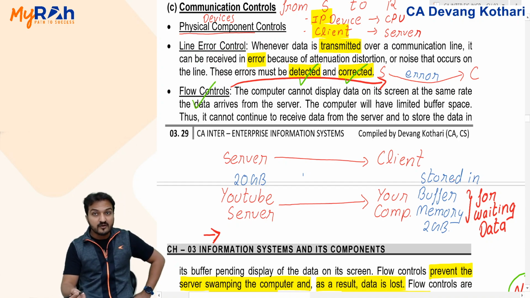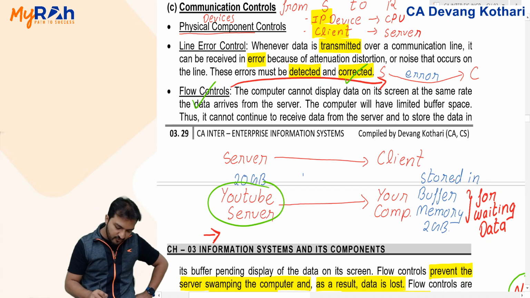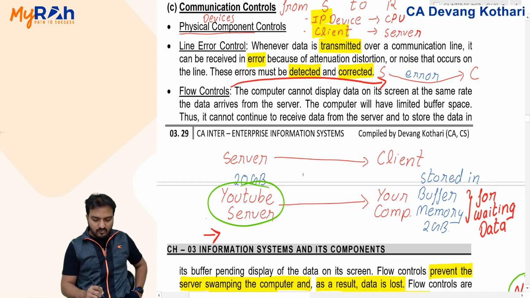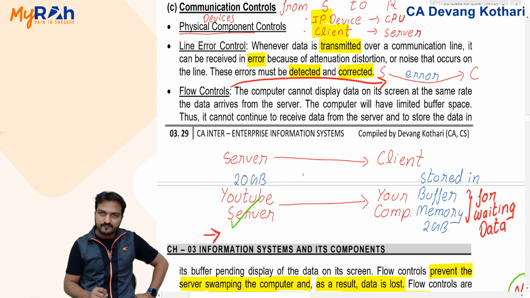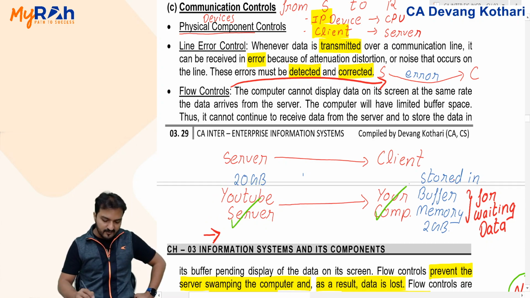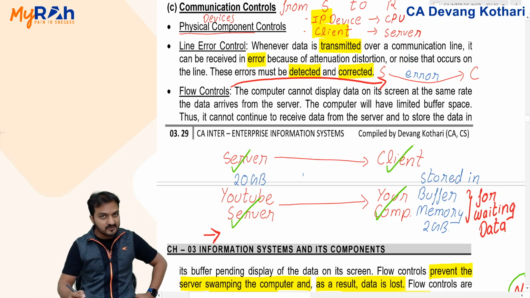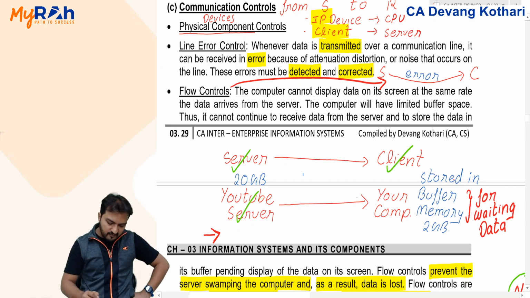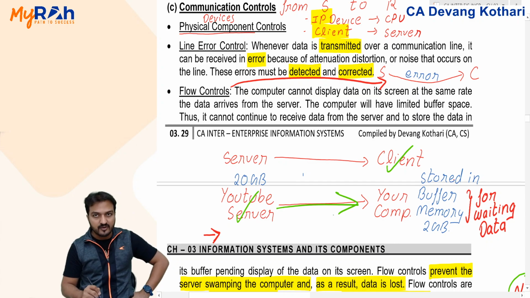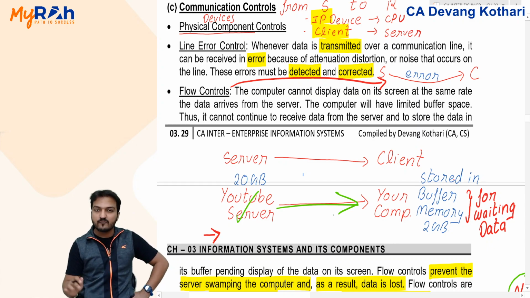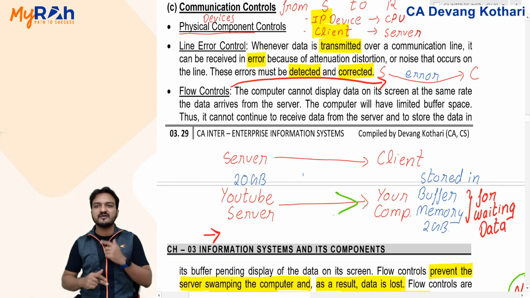Flow control. Remember, for flow control, I had given you an example like this. When you are accessing YouTube, the YouTube server is sending data to your computer. So YouTube is the server, your computer is the client, but the YouTube server will send data at a very fast rate. Your computer, where you are watching a video, will not play it so fast.